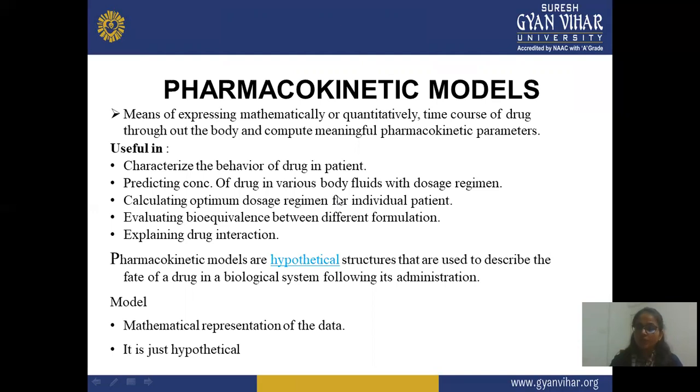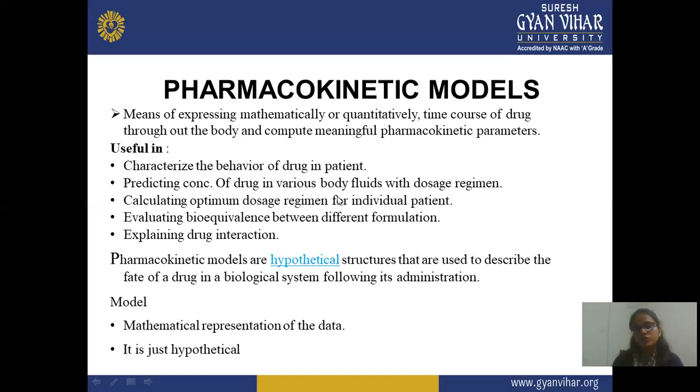With the help of this type of mathematical quantitative equation, we get a good amount of information, or complete meaningful response of a pharmacokinetic parameter, and it is useful in characterizing the behavior of a drug in the patient.